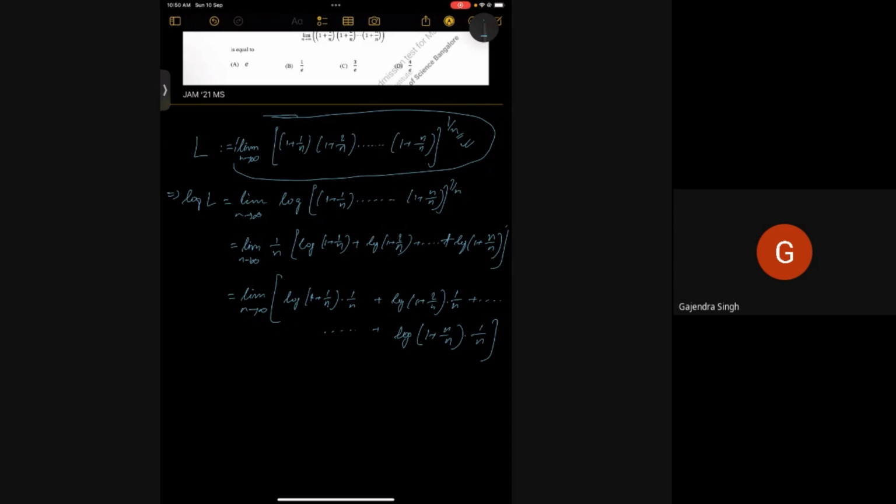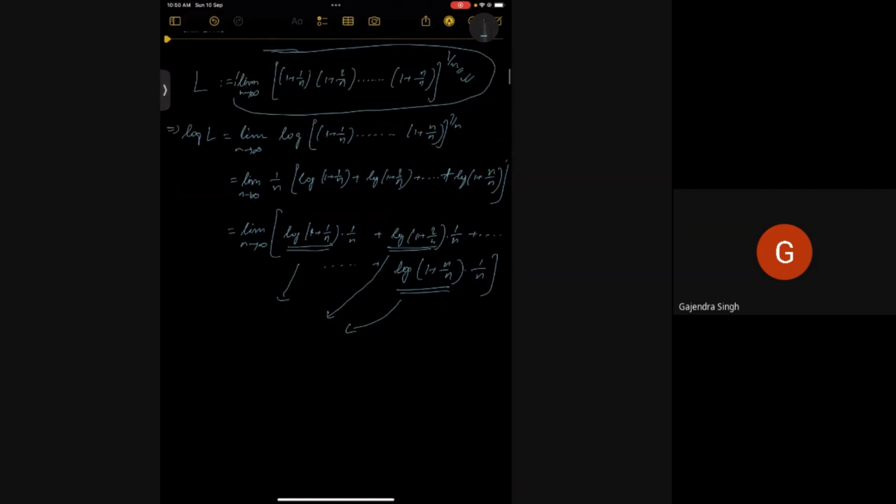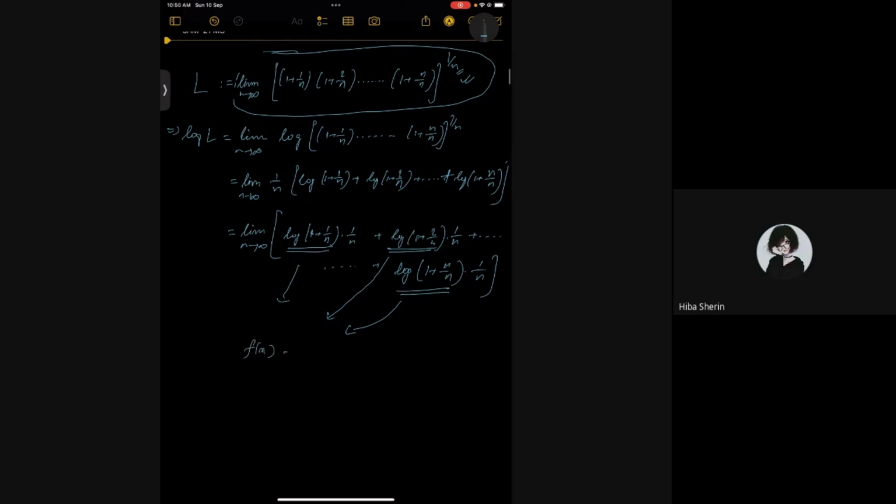So like before, you see that there is a certain pattern here. Log 1 plus 1 by n, log 1 plus 2 by n, dot dot dot, log 1 plus n by n. So what is the function? It looks like all these are values of a certain function f(x), which is log of 1 plus x, taking values at the points 1 by n, 2 by n, 3 by n, up to n by n, which is equal to 1, right?